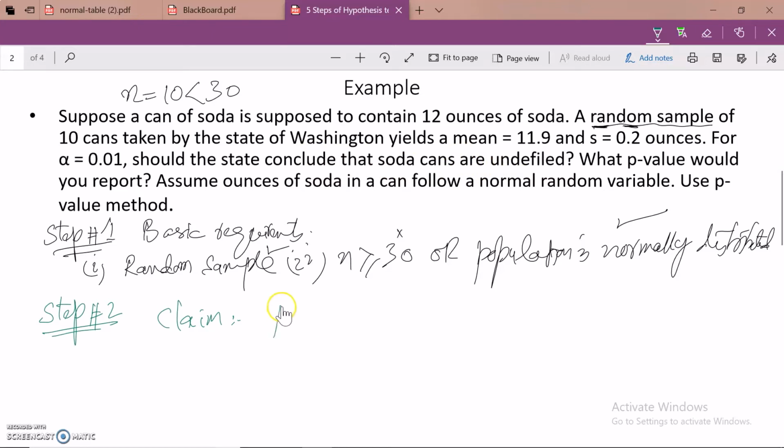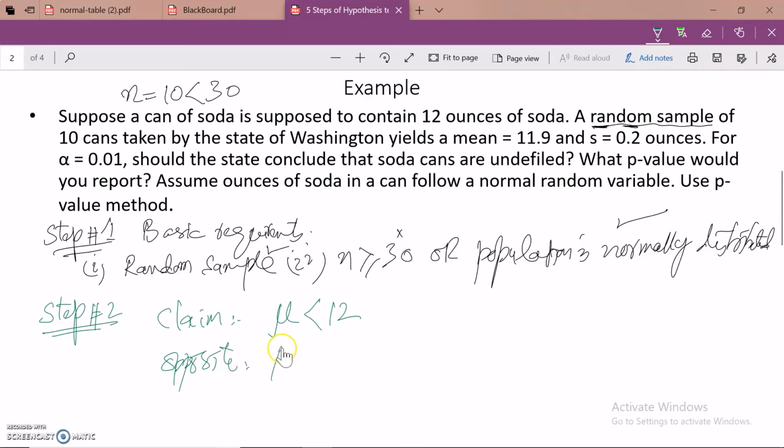So what is the claim? The claim is about the mean. We want to prove that mu is less than 12 ounces, right? The mean amount of soda is less than 12 ounces. And what is the opposite of that claim?